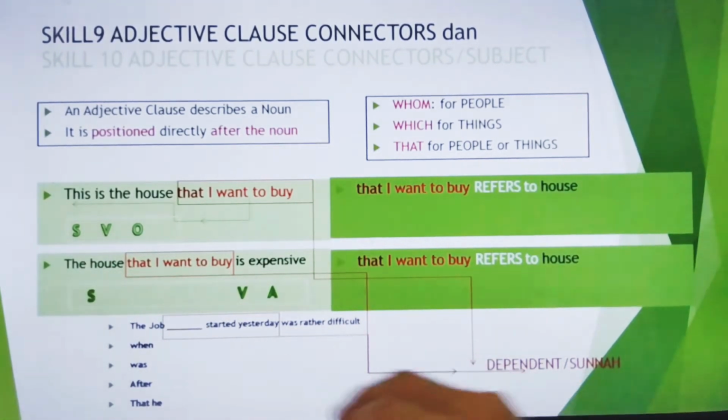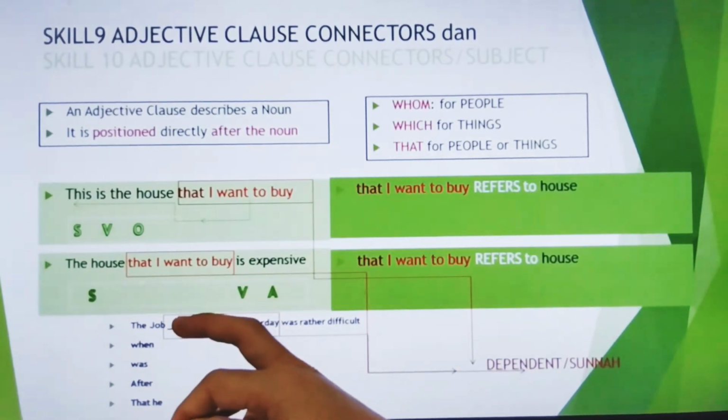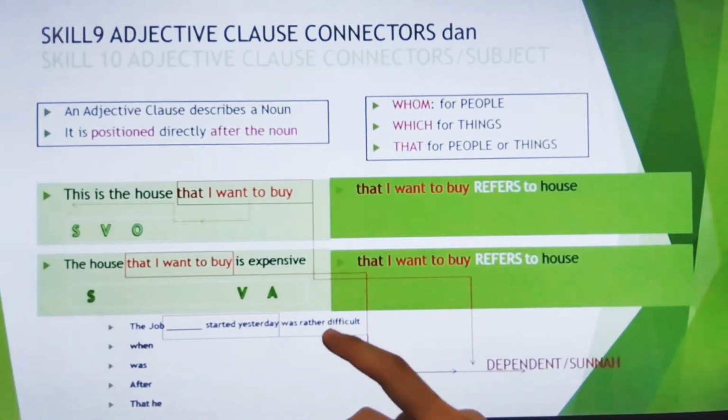If we omit this, the sentence is still correct: the job was rather difficult.